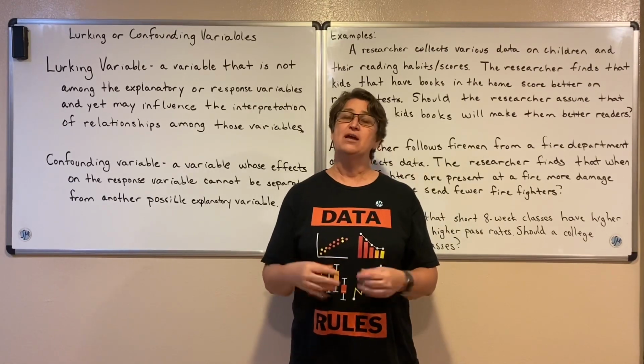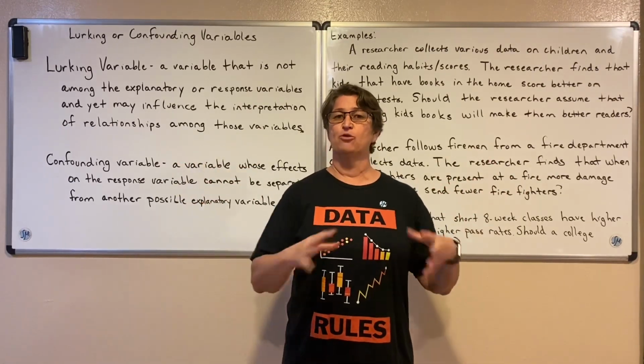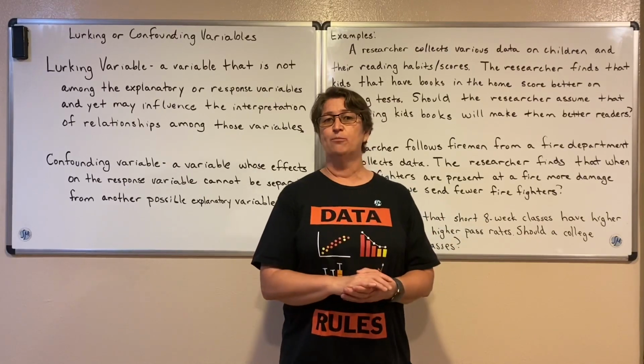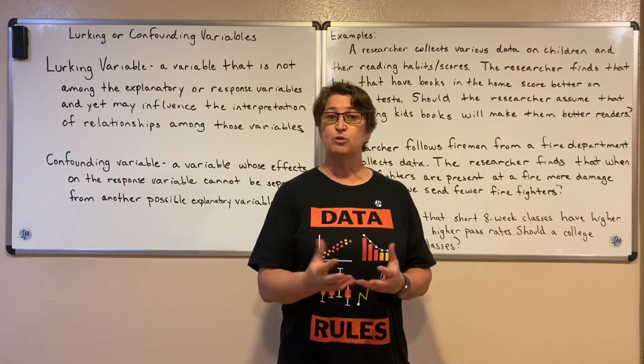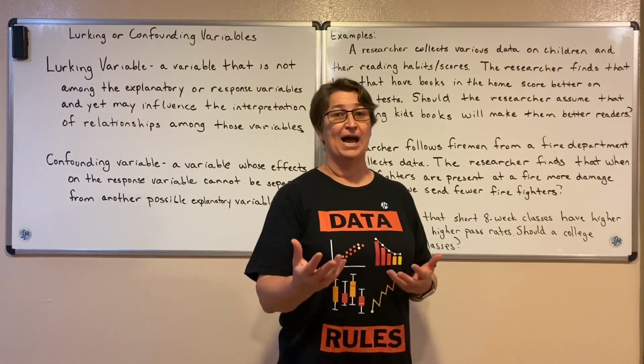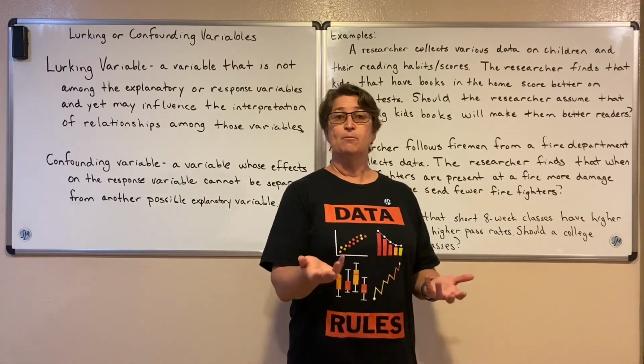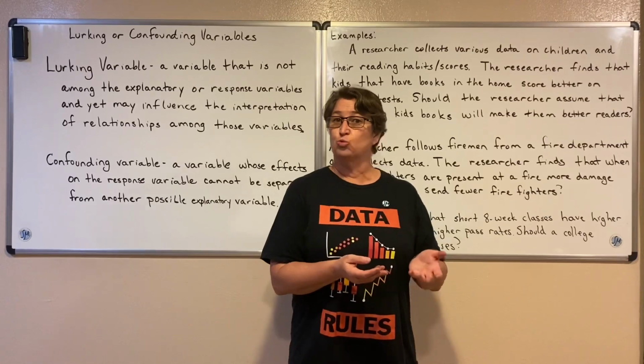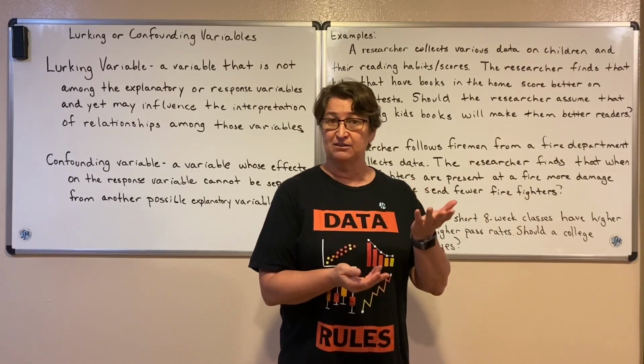Or maybe another outside variable that might be lurking out there might be the interest in books. Parents whose priority is buying books for their home might prioritize reading with their kids at night.